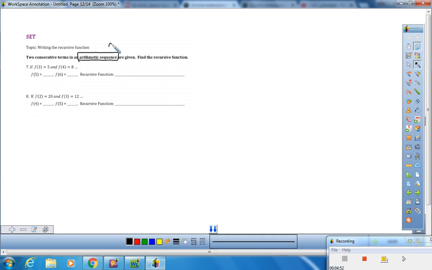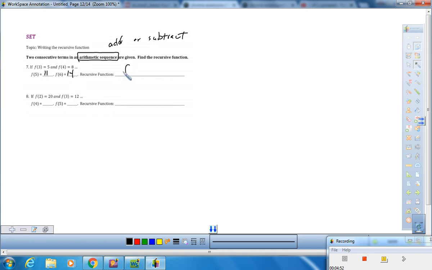Arithmetic, that means we add or subtract the same thing every time. Okay, so we're adding 3. So if f of 3 is 5, f of 4 is 8, the fifth one will be 11, the sixth one will be 14.